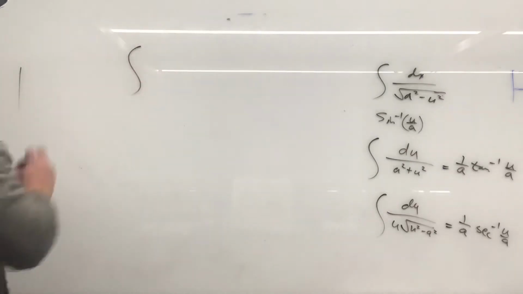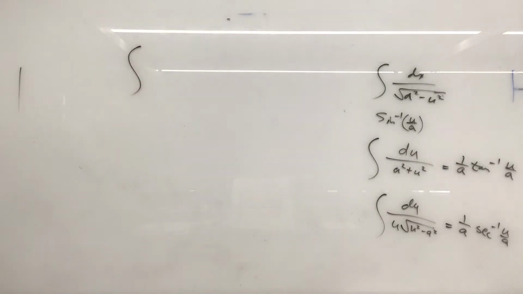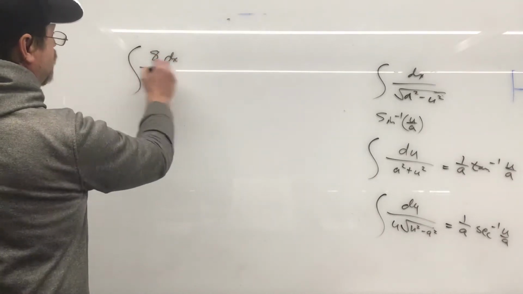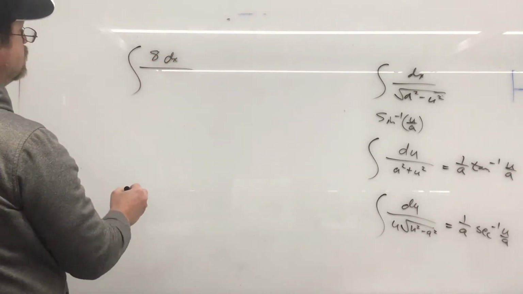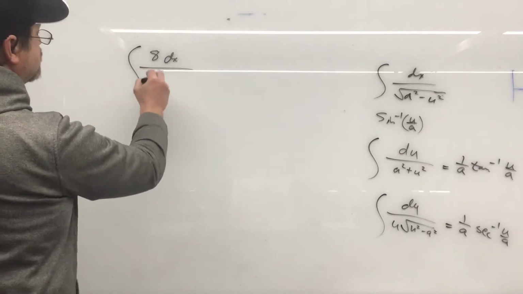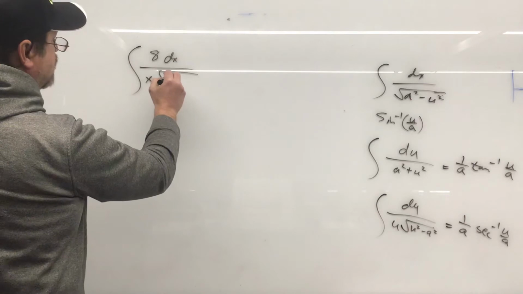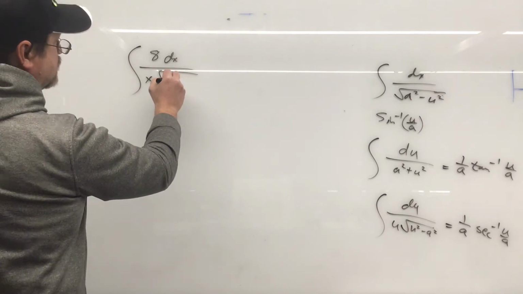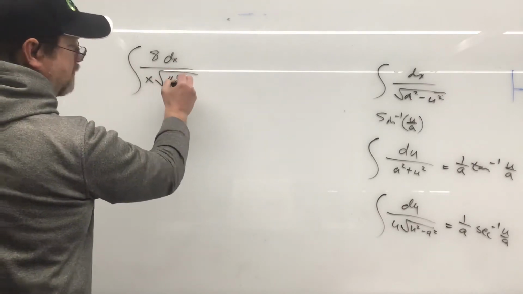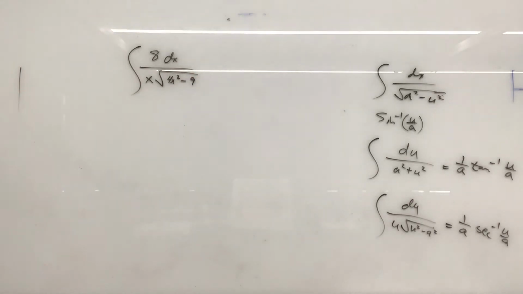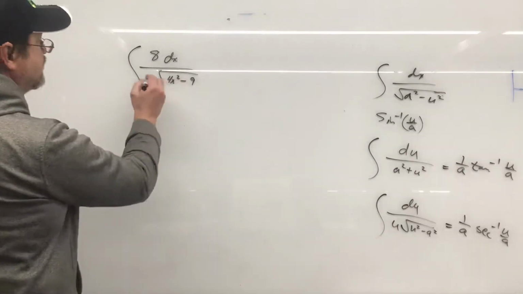And again, let me do an example with that. So let's say I have the integral of 8 dx over x square root (4x squared minus 9). Now again, I don't have to get that form perfectly. I know that I can make substitutions. So I'm looking for something that's a function of x here and here.